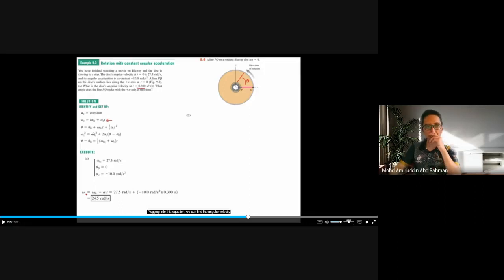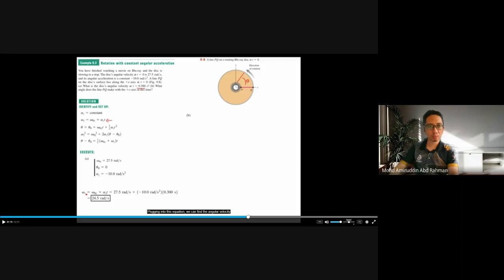So theta naught, of course, we have it as 0, because it lies on the positive x-axis. And then omega naught z and t, we also have. We have all of the information here. We could also use equation number 4 as well.